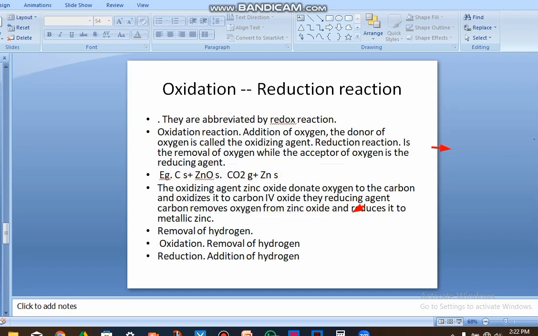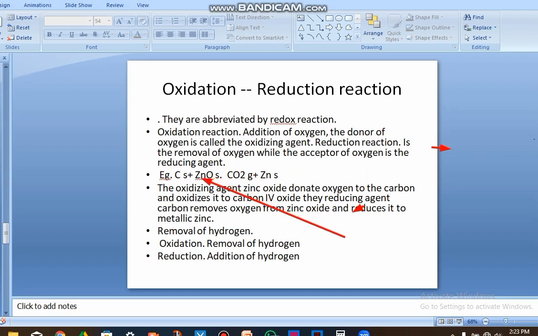Okay, so look at it now. Are you getting it now? Carbon has no oxygen, isn't it? Yes, zinc oxide has oxygen. I said the donor of oxygen is called the oxidizing agent, so here the zinc oxide is the oxidizing agent.